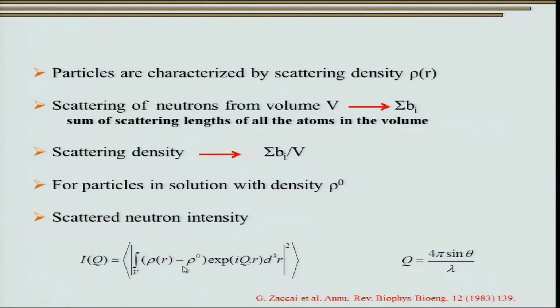This is the difference in the scattering density of the particle and the solvent, and this is what gives us the contrast. So, this is the resultant scattering density. Here again, the wave vector q is 4π sinθ/λ, and you see this exponential term, proportional to d cube r, and the whole thing squared. This is again very similar to our structure factor, and it also accounts for the size part.